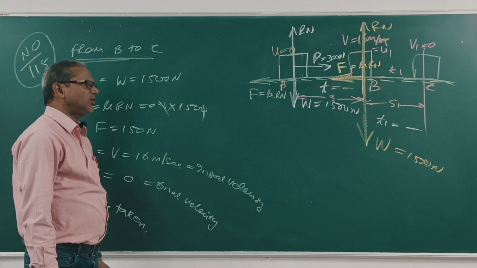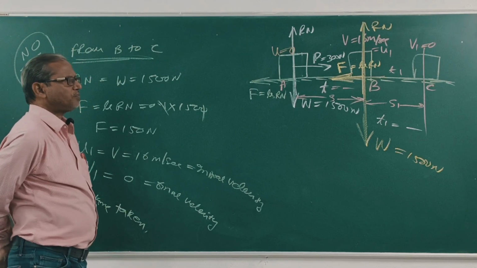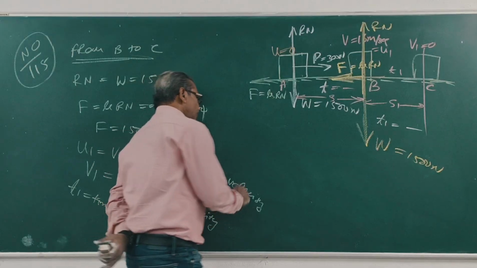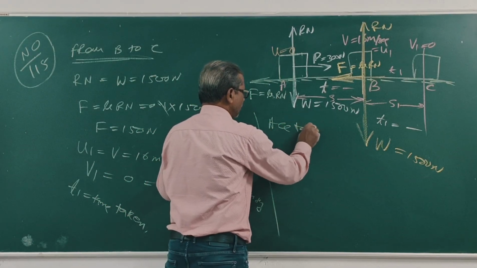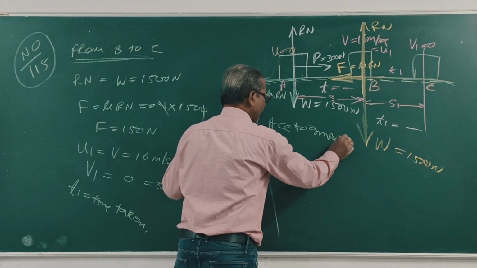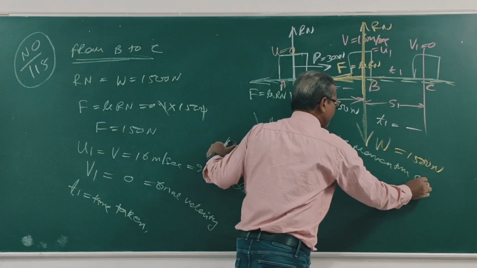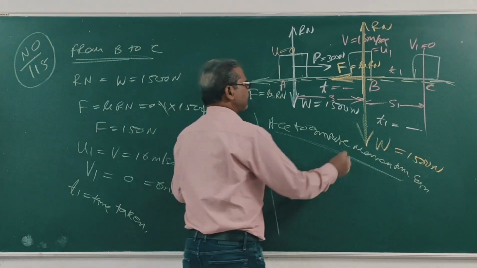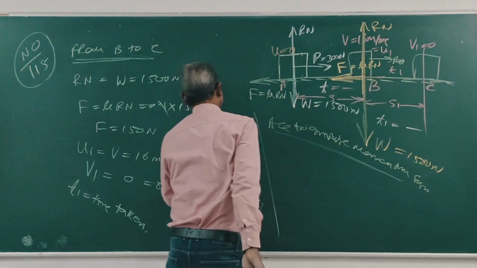Now, according to the impulse momentum equation, here P is equal to 0. Again draw the figure here.